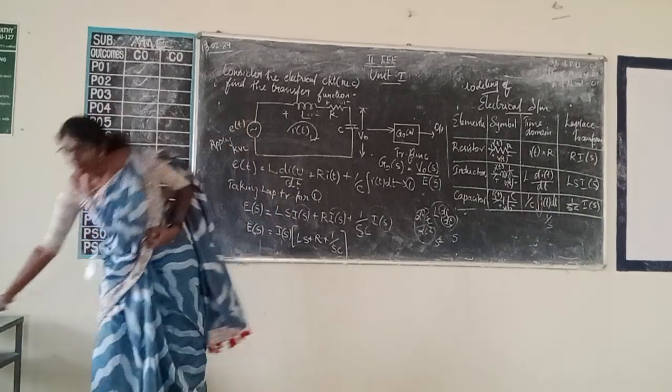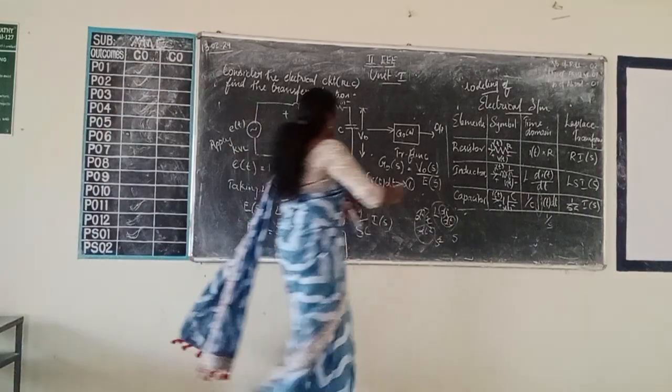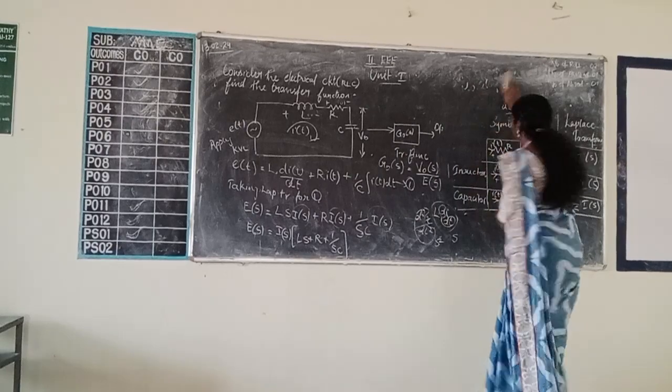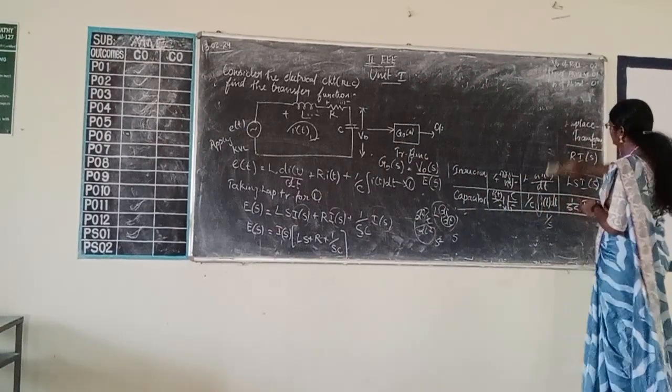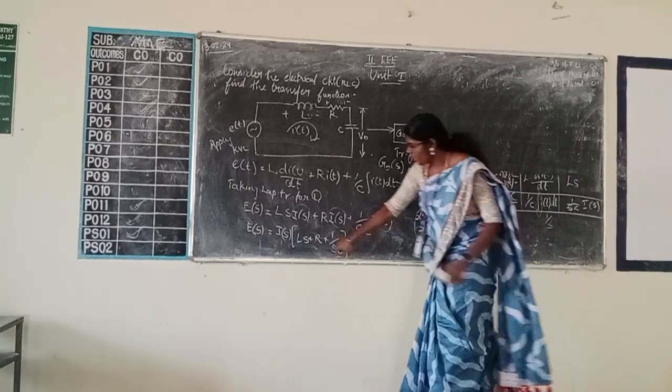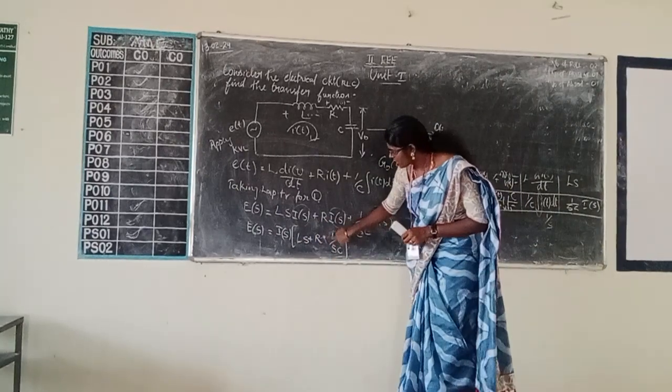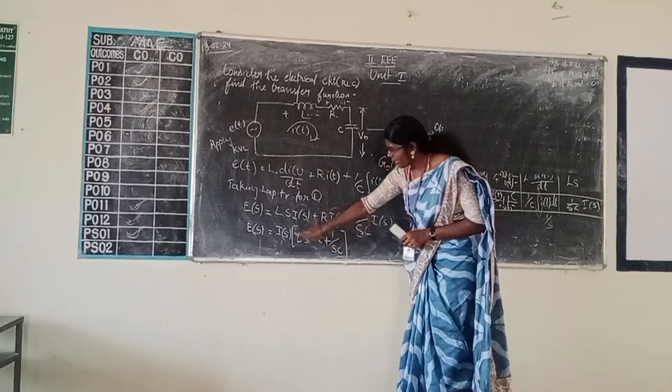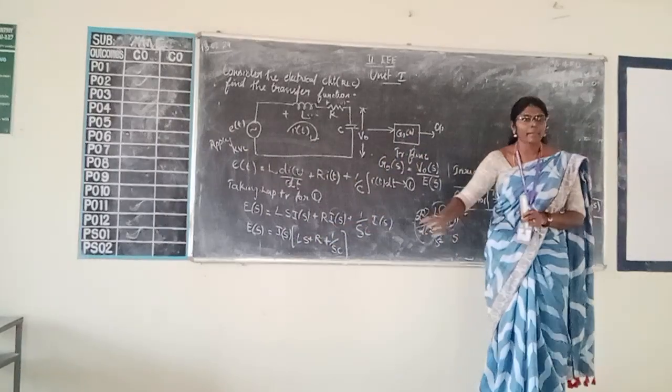Next, we can cross multiply to get a common denominator.